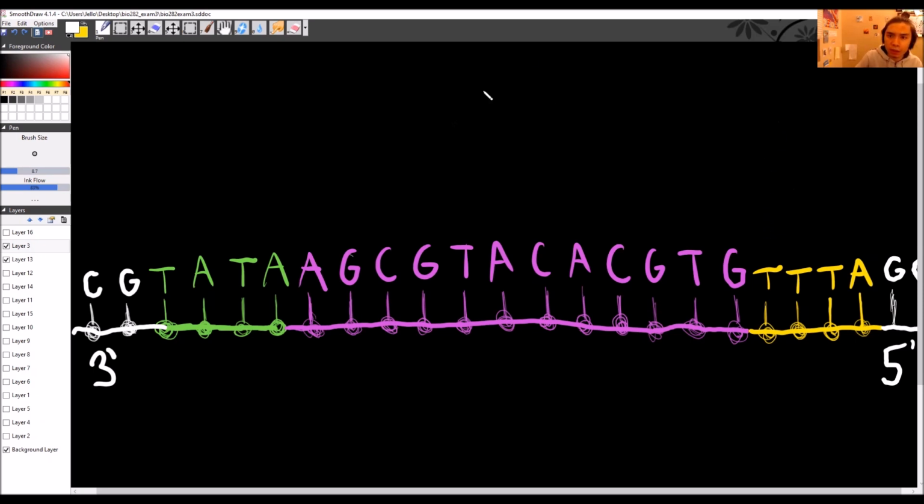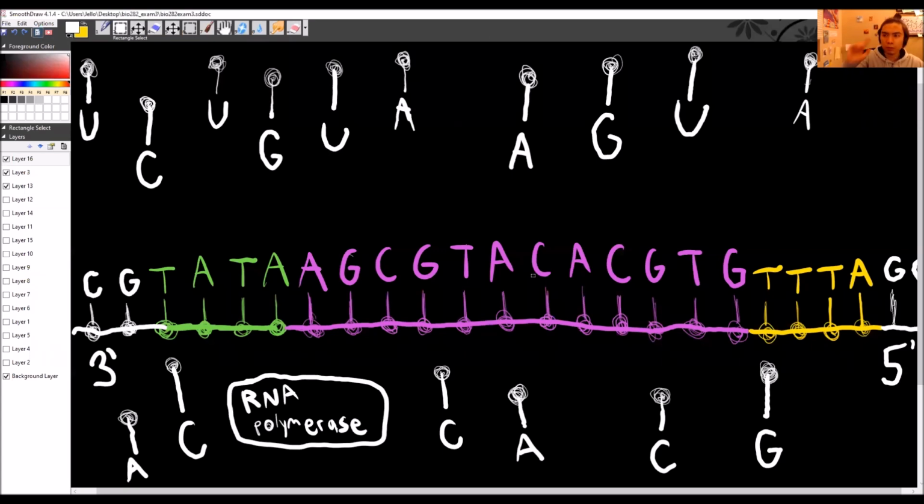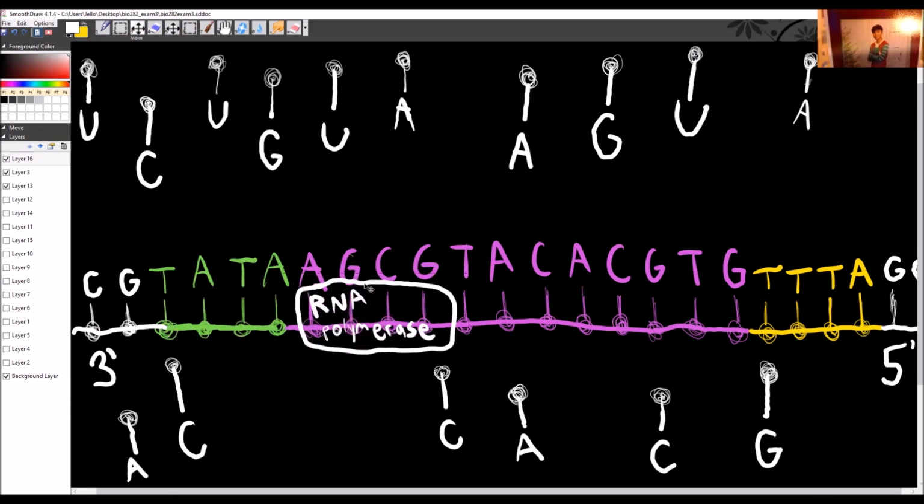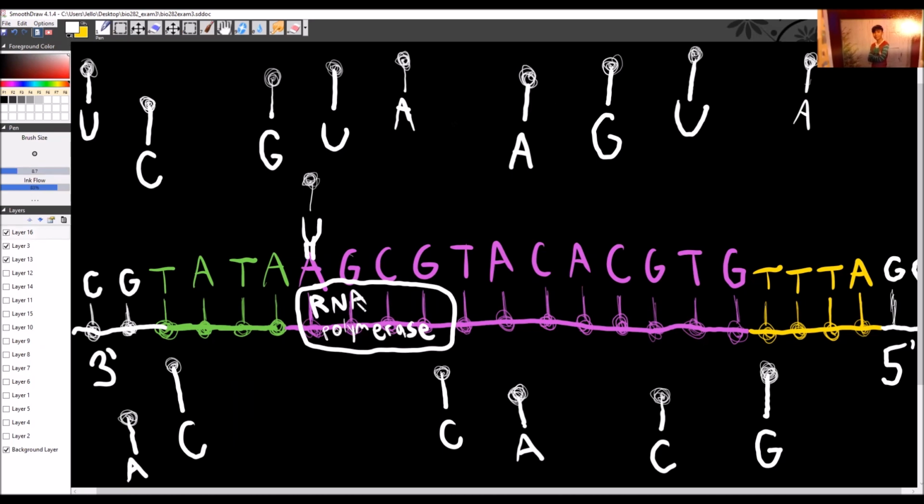Let's take a closer look. Here we see our template strand of DNA. We see an RNA polymerase, and we see a bunch of RNA nucleotides that the polymerase will use to synthesize the RNA strand. The RNA polymerase detects the promoter, and then it finds out what region it should be transcribing. It reads the first base, which is an adenine, and it looks for the nucleotide that would complementary base pair with it, and that would be a uracil.